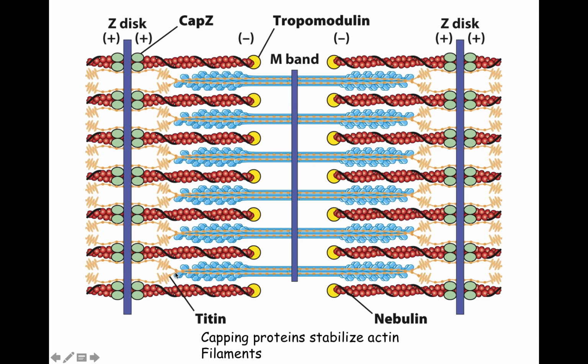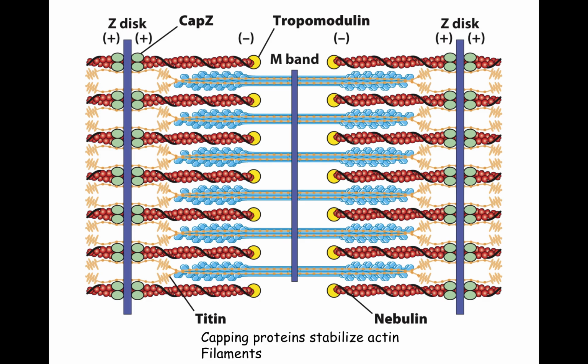Titin deserves a special mention because it is the biggest protein that has ever been cloned. It is a giant protein that stretches from one unit of muscle contraction to another unit of muscle contraction. This unit is called the sarcomere, and depending on the muscle type, it'll add or subtract amino acids that will add or subtract flexibility to the muscle.